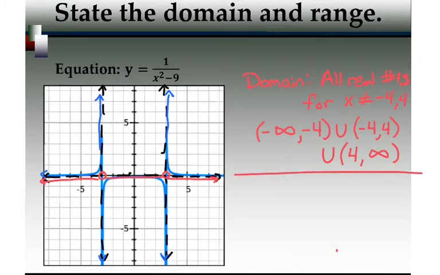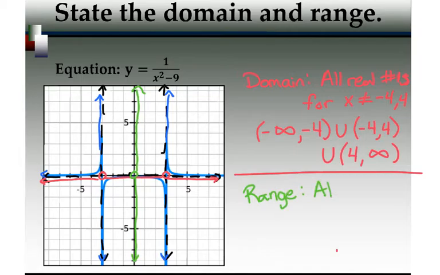Now the range is similar. We're going to look at it. Again, the range, like the domain, is being covered. The whole y-axis is being covered, except for at y equals 0. There's a little hole right here. Okay. So range, again, I'm going to state it in words.